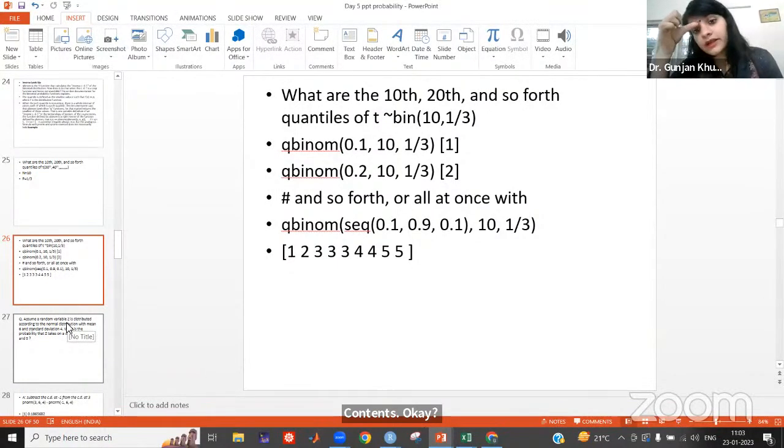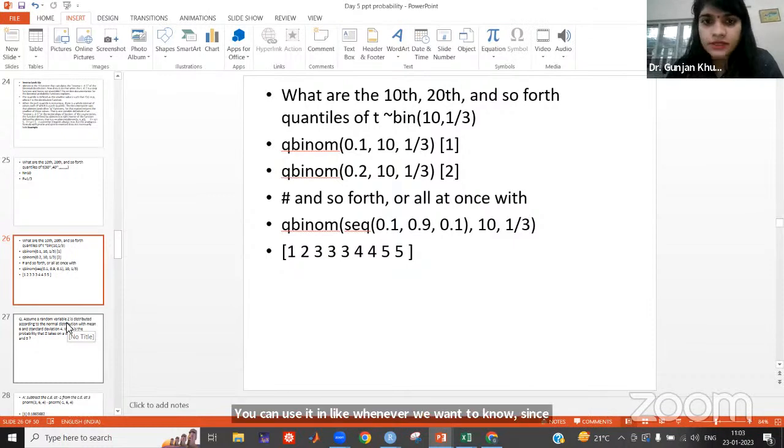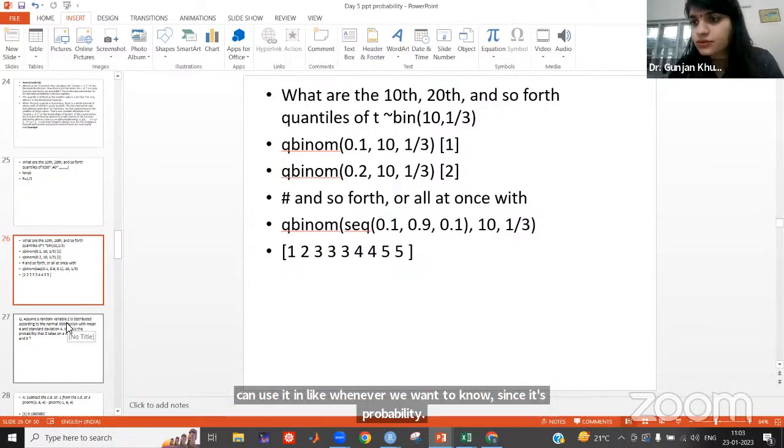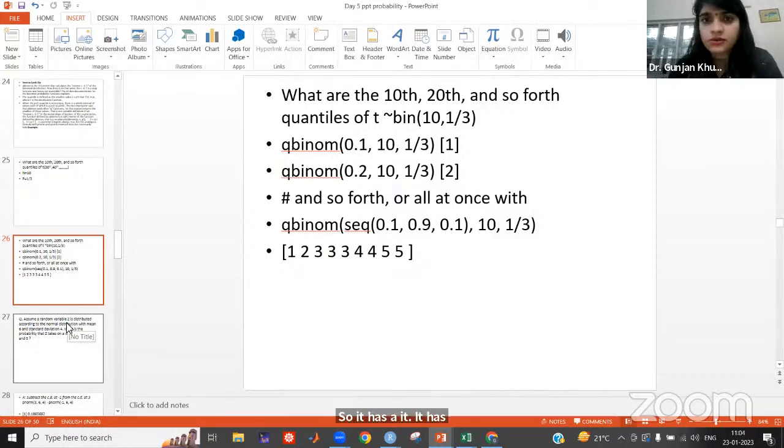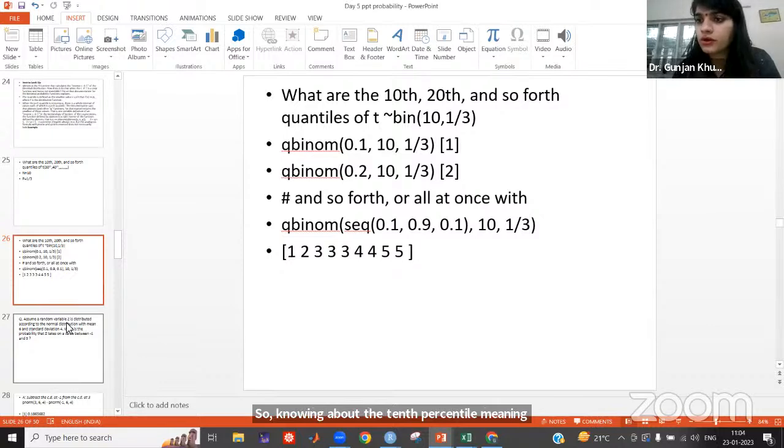Whenever we want to know, since it's probability, it has use in predictions. Knowing about the 10th percentile means how much of the population is below 0.1, then below 0.2, below 0.3, and so on.